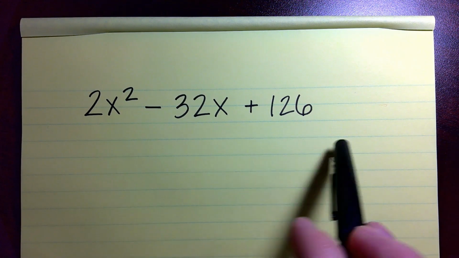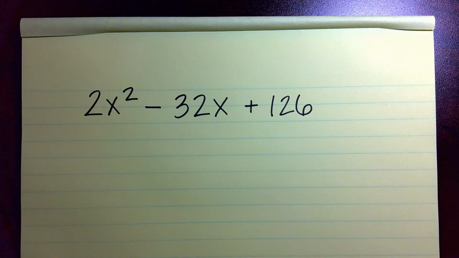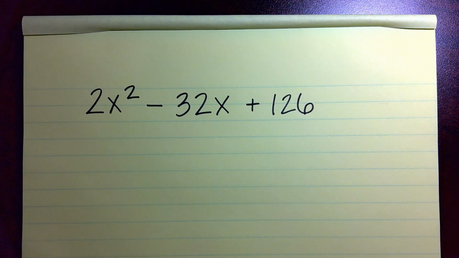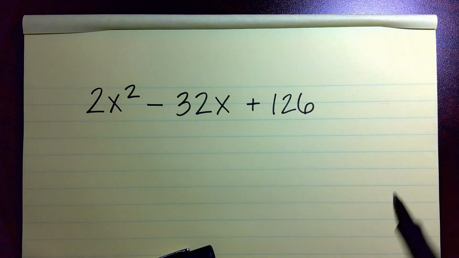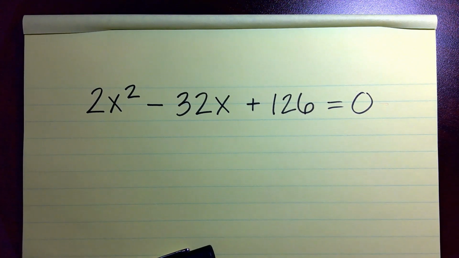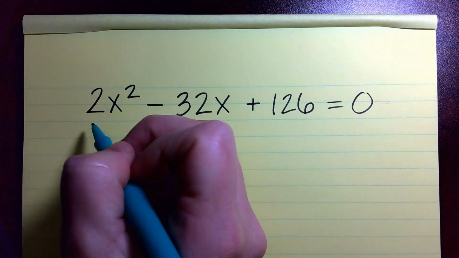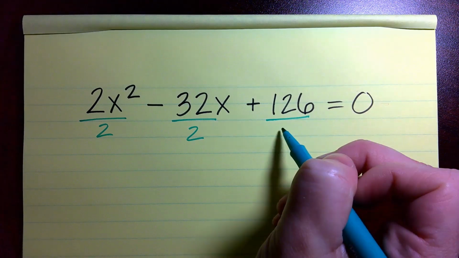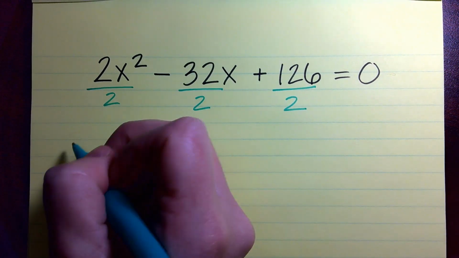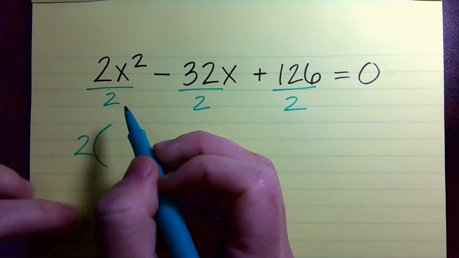Okay, what do we check for first when we factor? Yes, is there a GCF? Yes, there is. What is it? 2. Oh, and I forgot to say this is equal to 0. Yes. Okay, so the GCF is 2. So let's divide it all by 2. I'm going to put that 2 on the outside. And what are we left with?